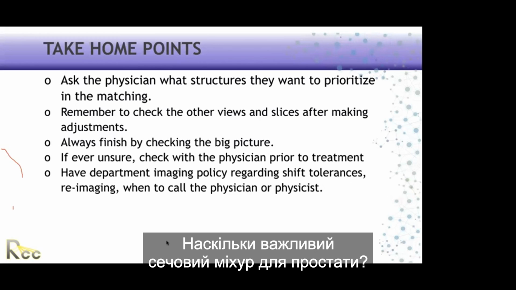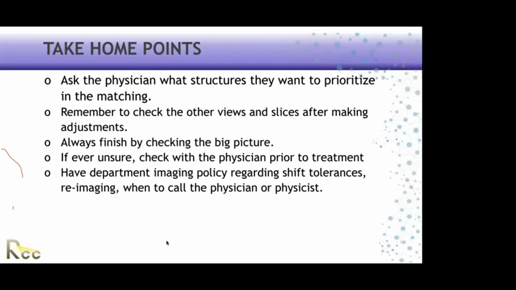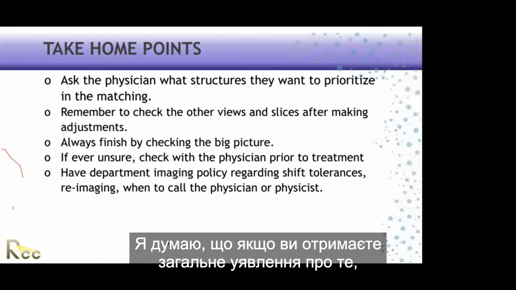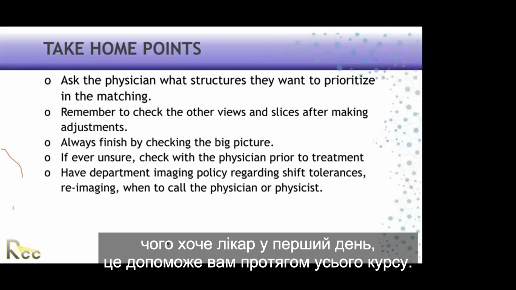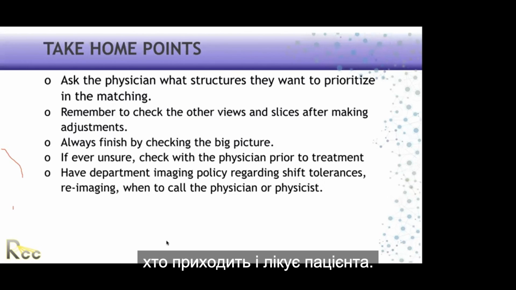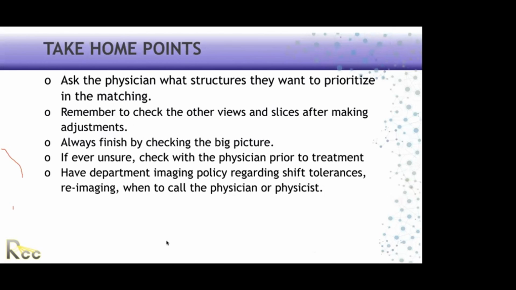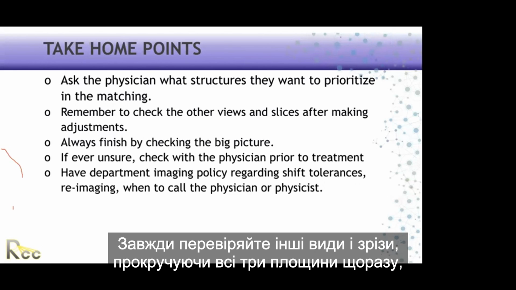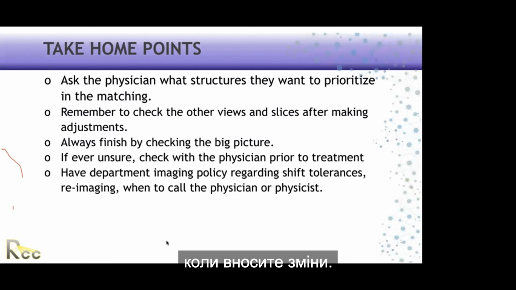How critical is the bladder for a prostate? If you get a general idea of what the doctor wants on the first day, it helps you throughout the course, and you can also make notes for anybody else coming in who is treating the patient. Always check other views and slices, scrolling through all 3 planes whenever you make an adjustment.